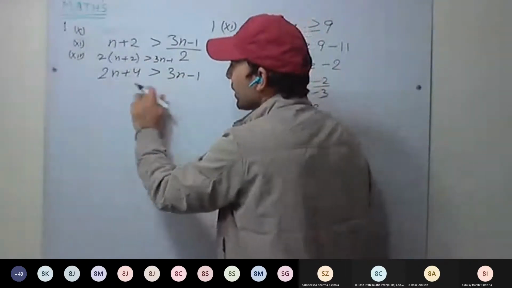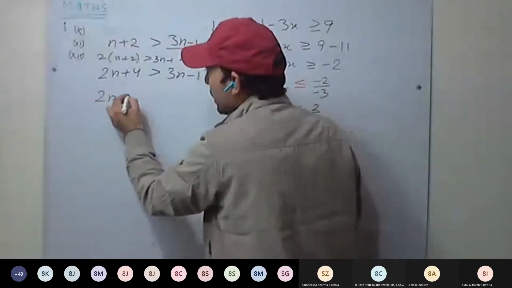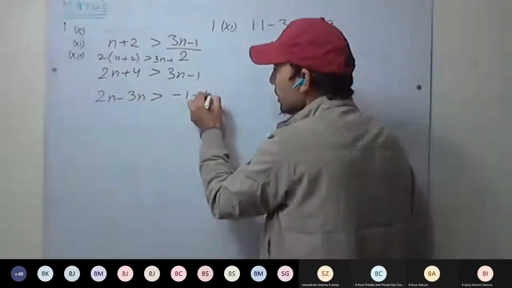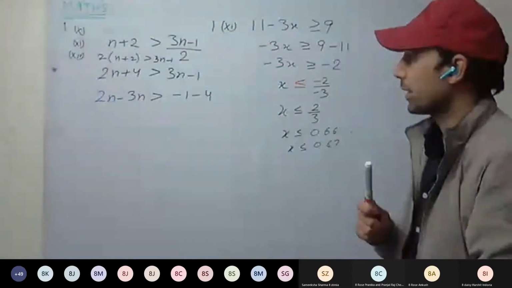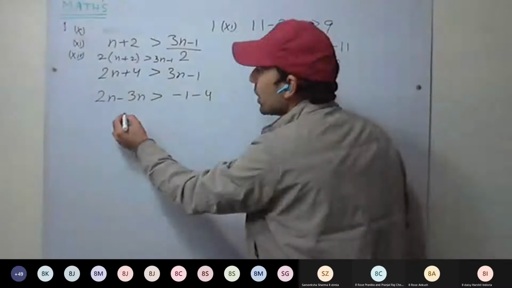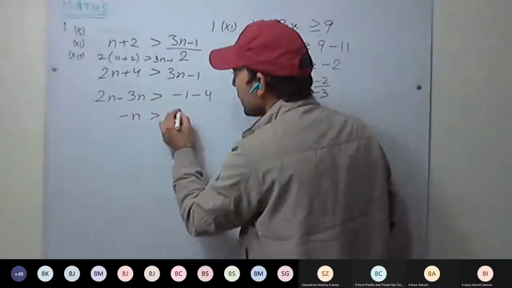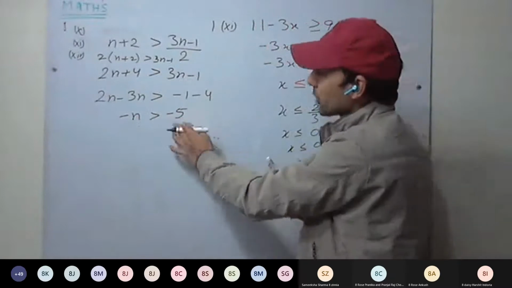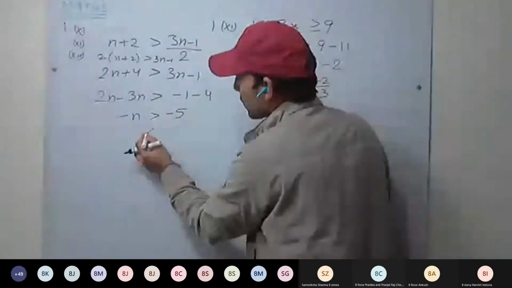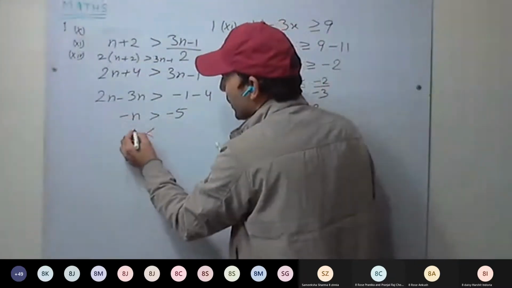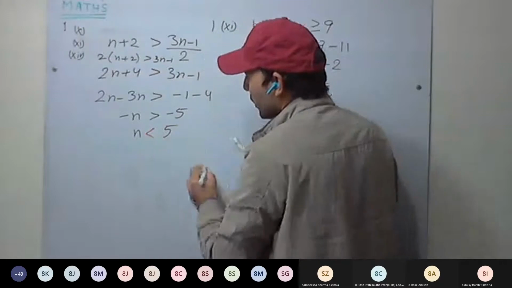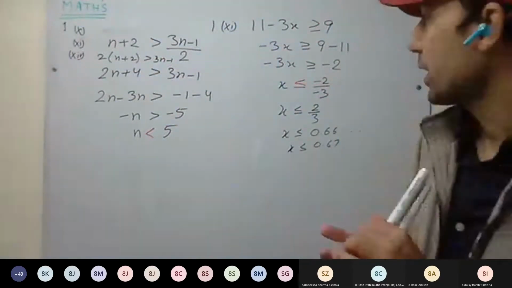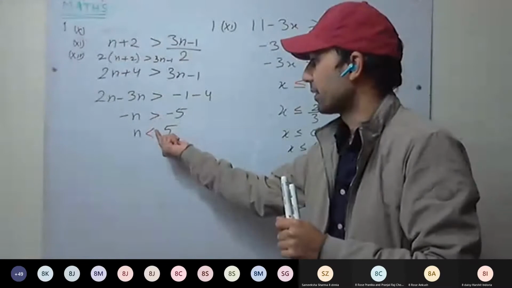I'm taking 3n that side. So 2n minus 3n greater than minus 1 minus 4. Understood this one? Minus n greater than minus 5. Now either we can multiply by minus 1 or divide by minus 1. The sign will change. So n less than 5. Understood this one? So mainly I think the mistake you made was the sign.